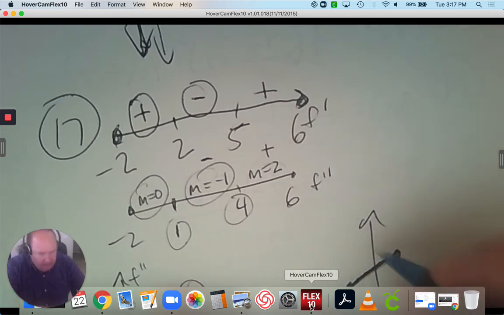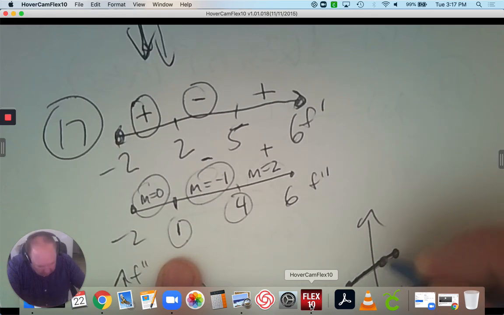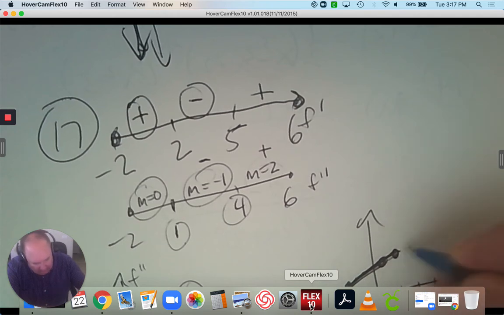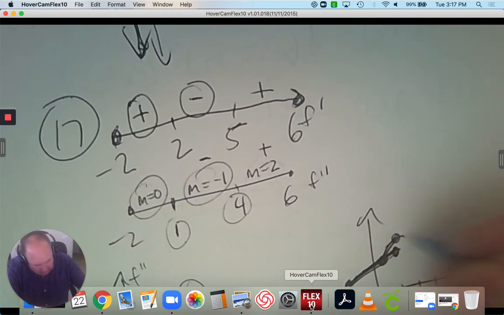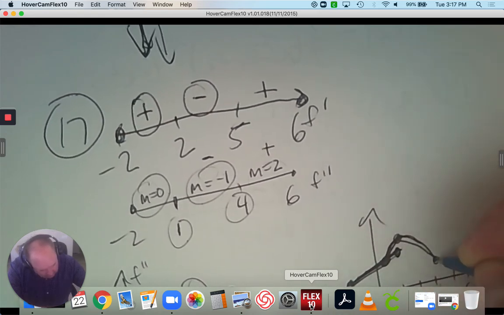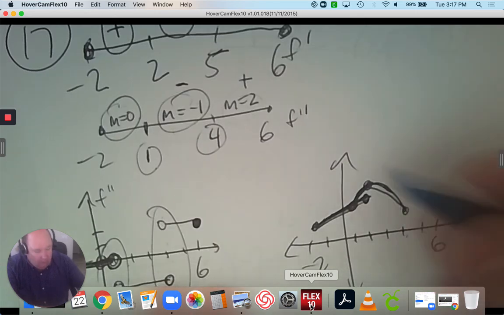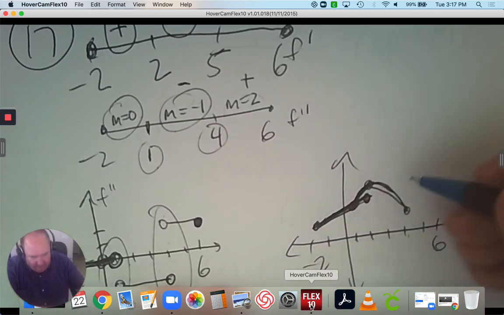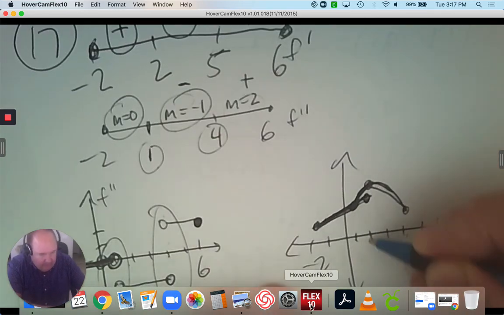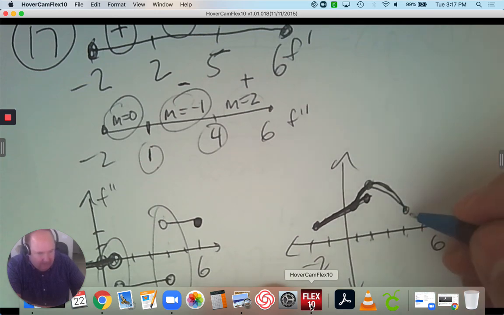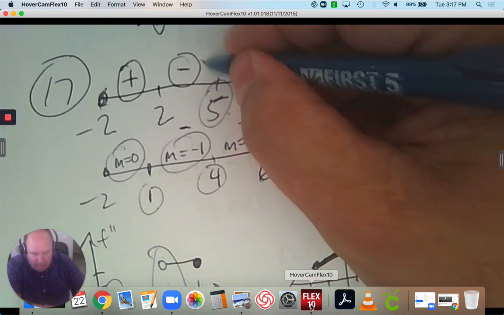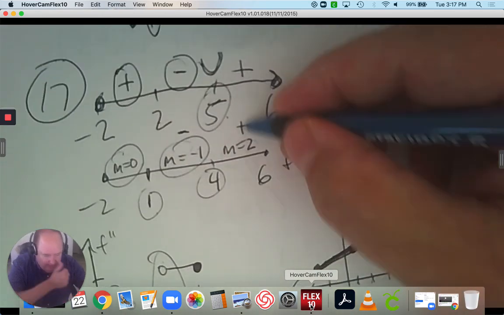From 1 to 4, it's going to be concave down. So there's a curve here. Let me just show it. There's a curve now to 4. And at 2, we have a maximum. And then at 5, at 2 and 5, it's going to turn the other way. And it's going to be smiling.